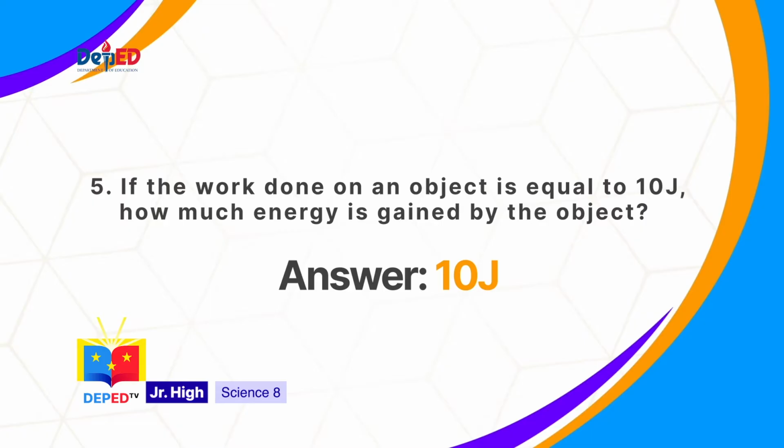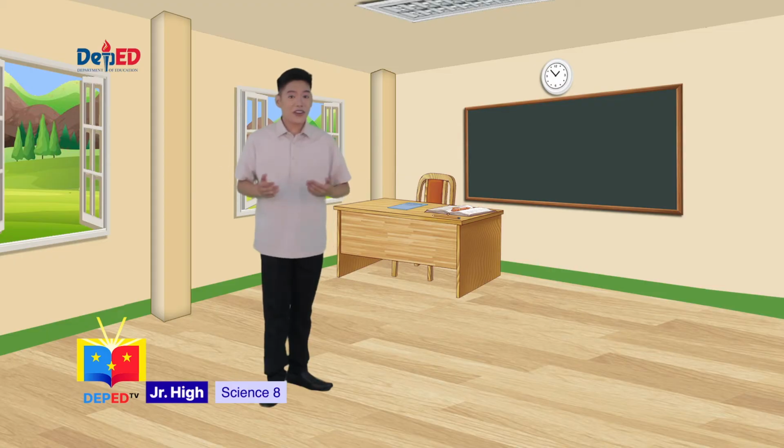The answer is still 10 joules because 1 joule of work is equal to 1 joule of energy. Did you get it all correct? Awesome! I hope that you will also learn much from today's episode. With no further ado, let's do this!